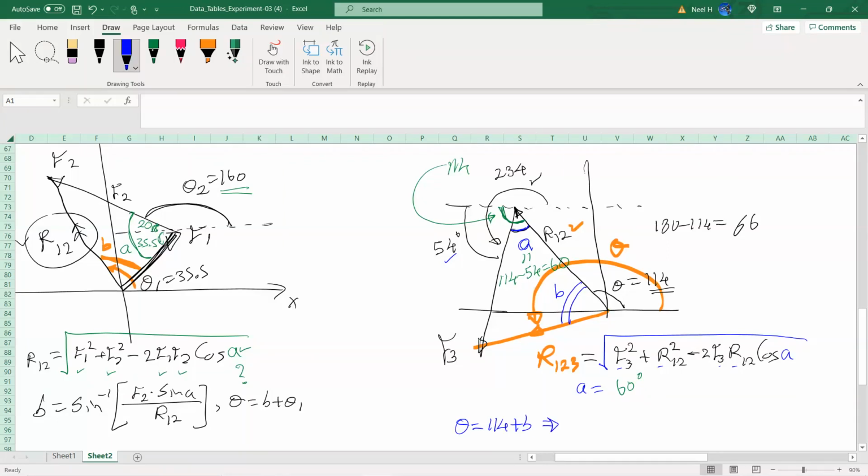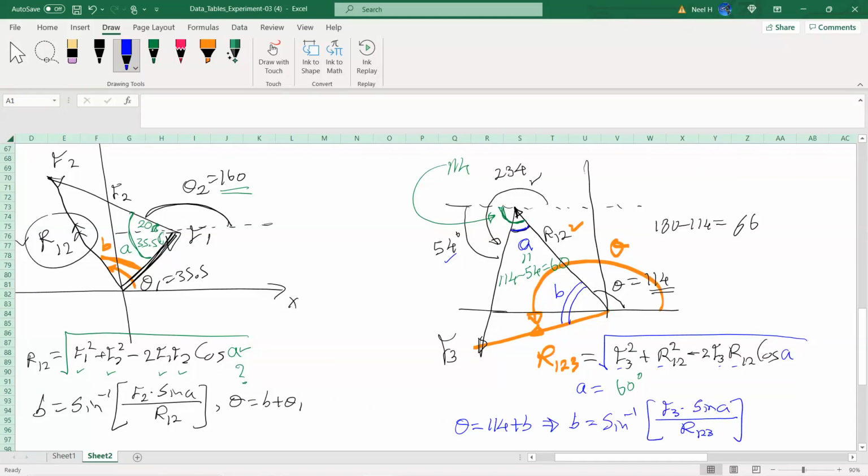I can use the ratios which I used earlier, which means we can write angle B is equal to sine inverse of the parentheses, the line in front of that angle, which is actually F3 times the sine of A divided by R of 1, 2, 3.